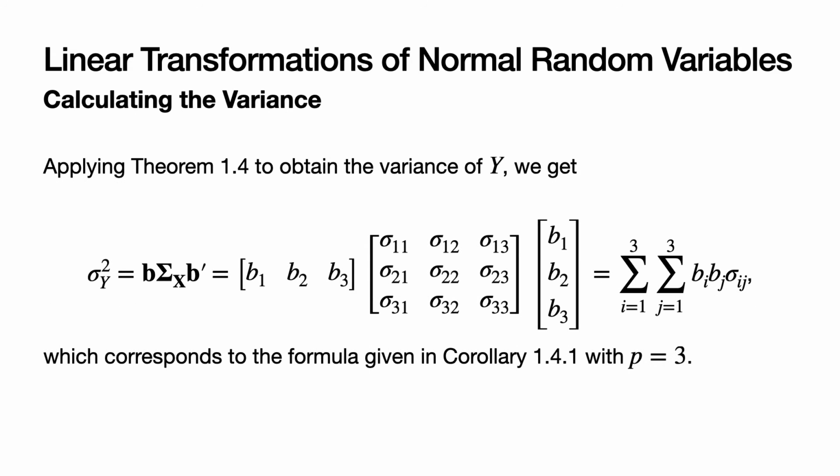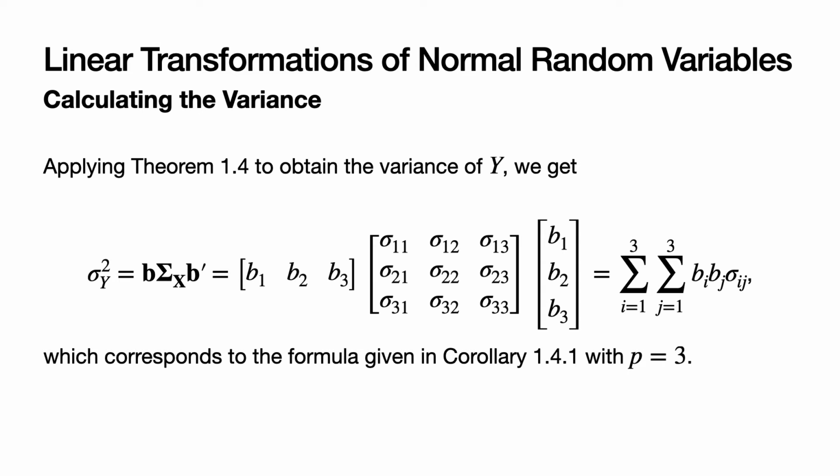Applying Theorem 1.4 to obtain the variance of y, we see that the variance of y is given by the quadratic form b times the covariance matrix of x post-multiplied by the transpose of b.